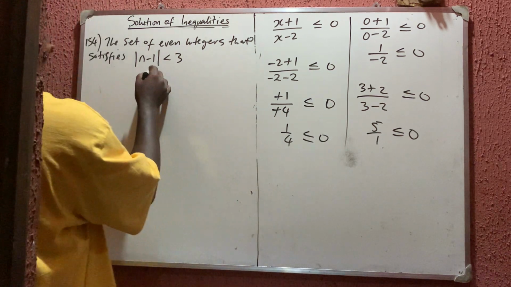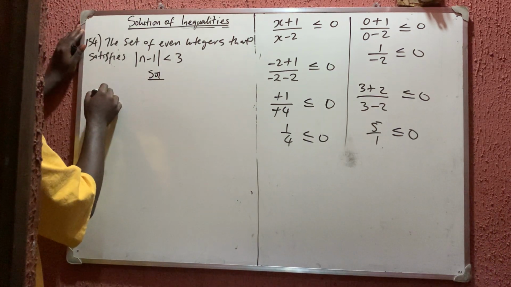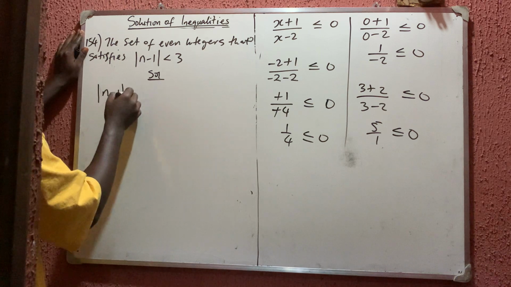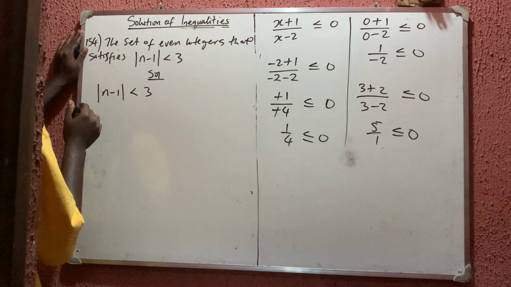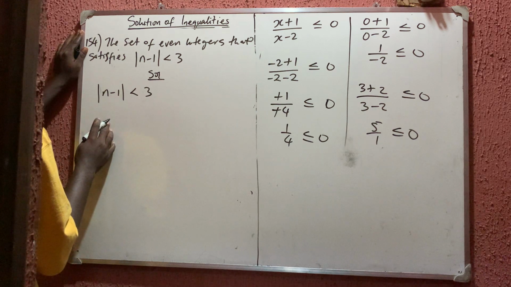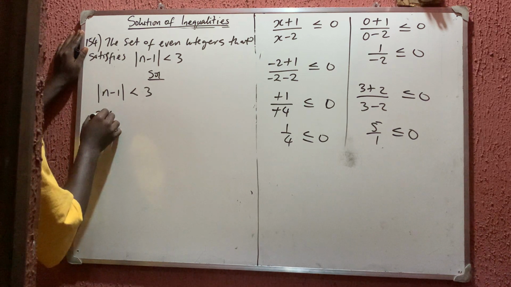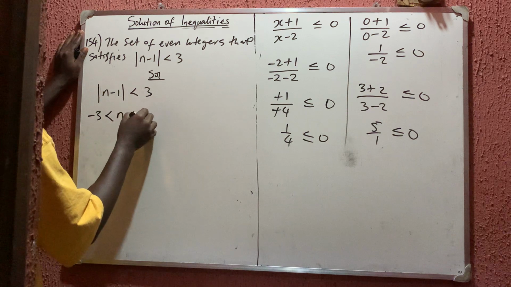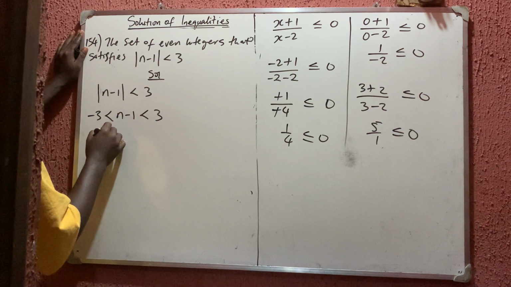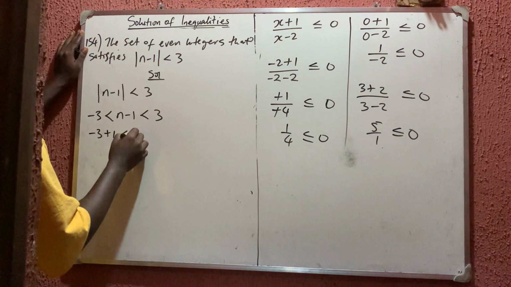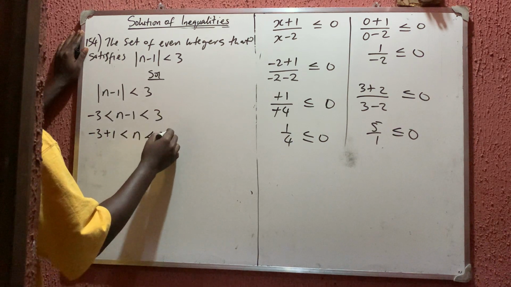Okay, solution, very simple. So what do we have? The absolute value of n minus 1 is less than 3 shows that minus 3 is less than n minus 1, which is less than 3. So what do we have? Minus 3 plus 1 is less than n, which is less than 3 plus 1.